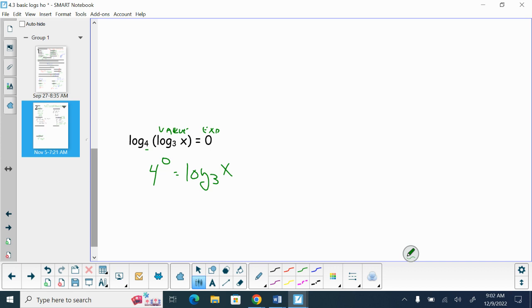4 to the 0th power is a value of what? 1. So now rewrite: log base 3 of x is equal to 1.